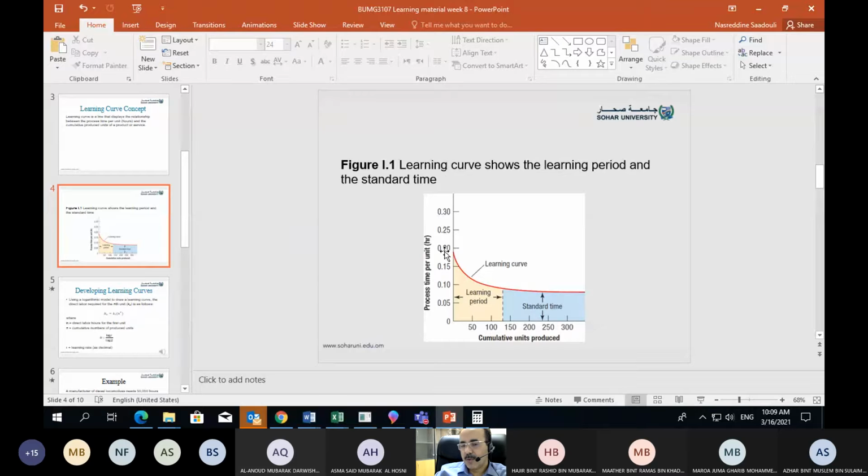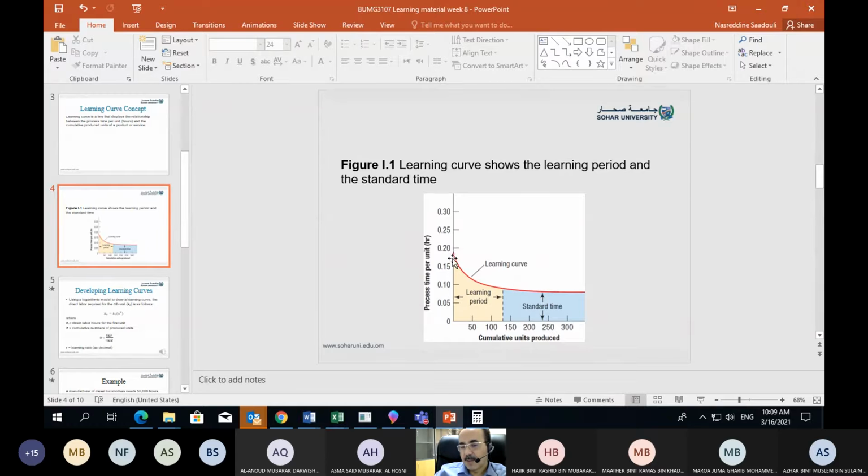The learning curve looks something like this. What does that mean? The time it takes per unit for the first unit and for the first few units is high, and then it drops significantly as we produce more and more units of the product. It has an inverse logarithmic shape, if you remember in mathematical terms.